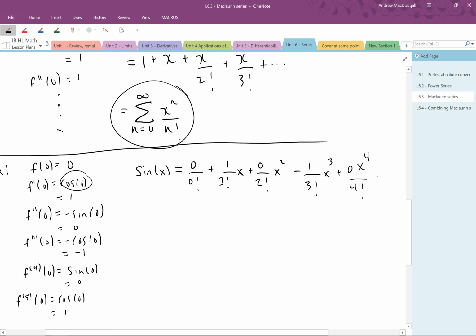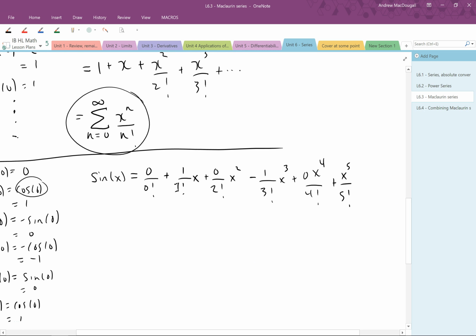And then by the time we get to 5, it's plus x to the 5 over 5 factorial, plus and so on.